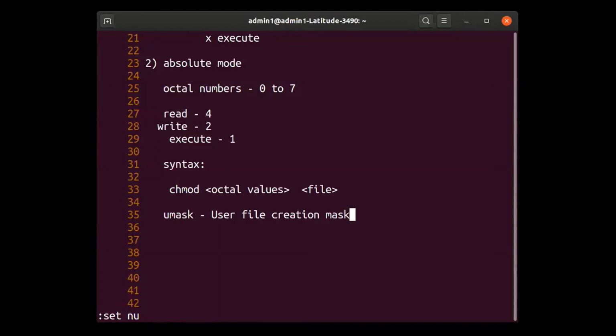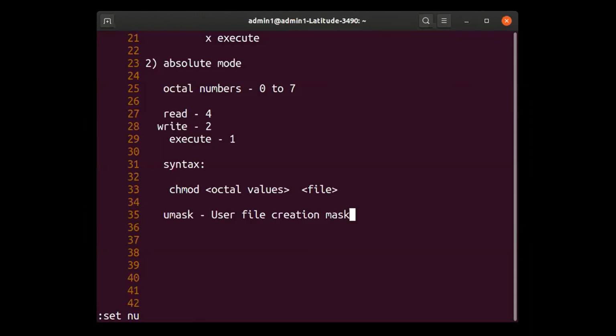I repeat the entire text. Umask stands for user file creation mask, which is used for determining the default permission for a new file creation. When you create files and directories, the default permissions that are assigned to them depend on system default settings.